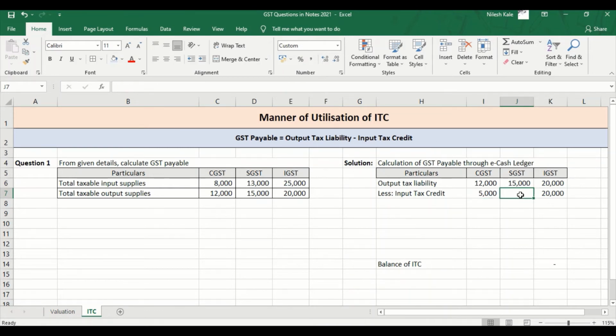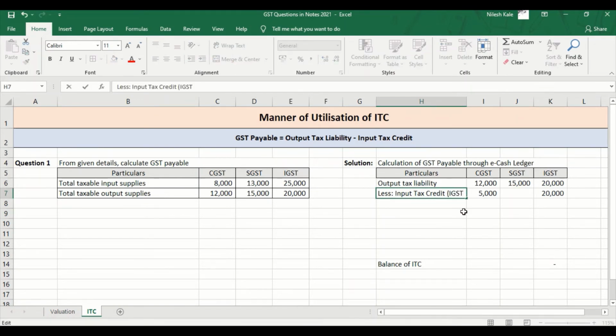Now I will go to SGST. This should be the dash because we are first finishing IGST, right? Sorry. I will have to finish this. Now this is IGST. This is how I will have to write, because IGST credit I am using.